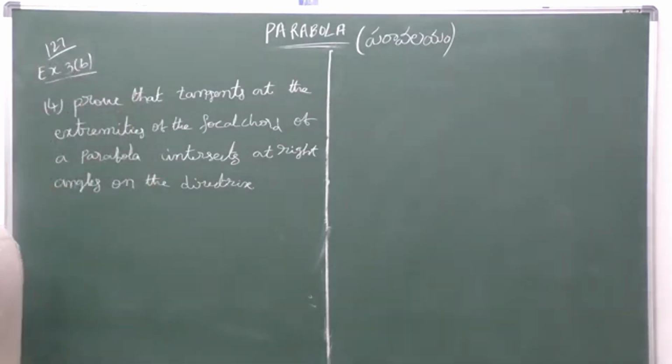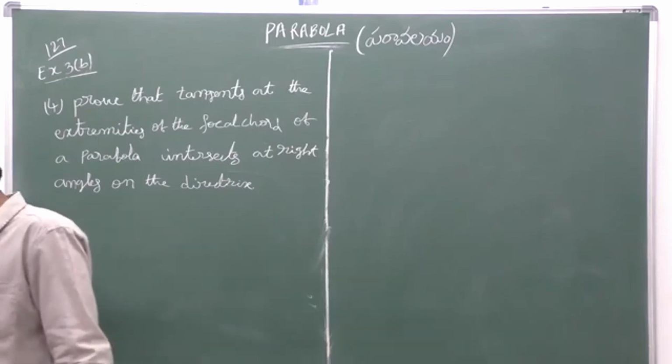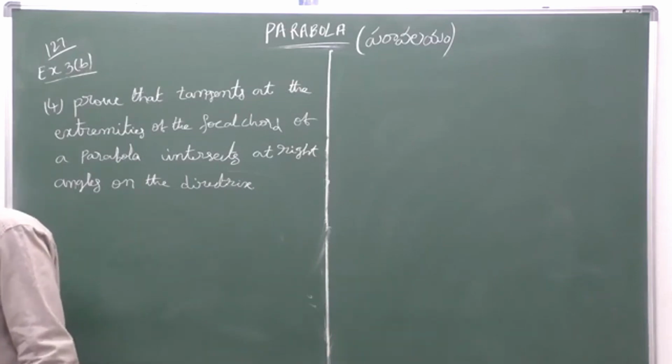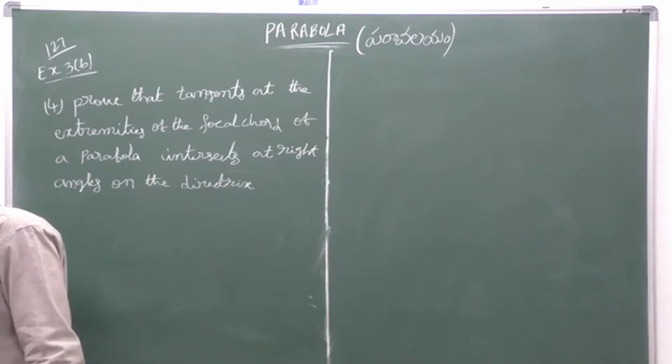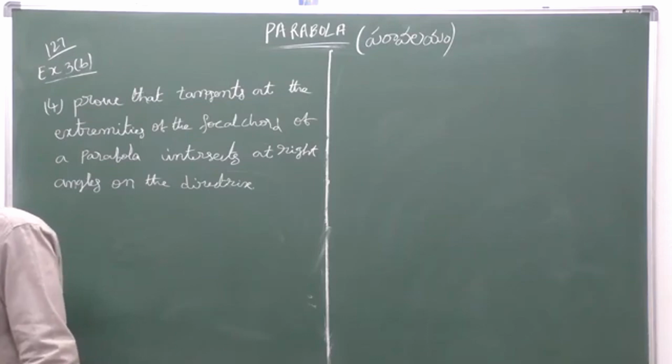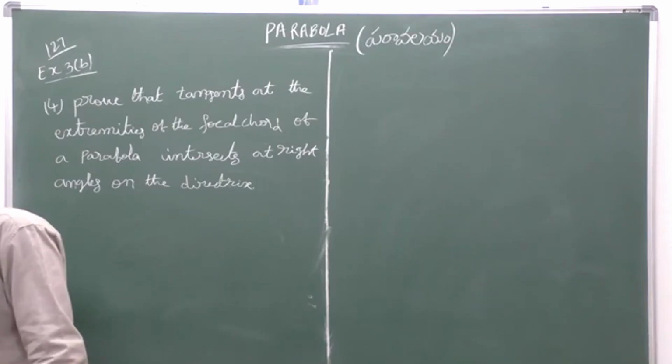Of course, example, problem number 3, page number 123, normal chord other than origin whose ordinate and abscissa are equal, ordinate method. Okay, here extremities of focal chord.